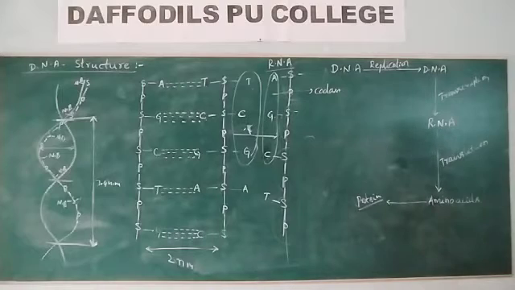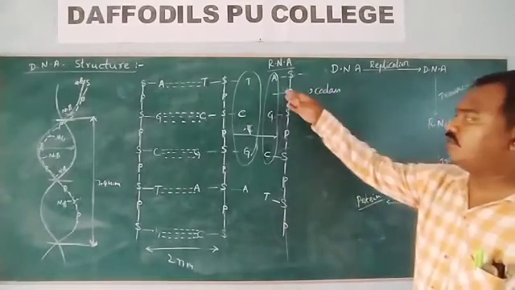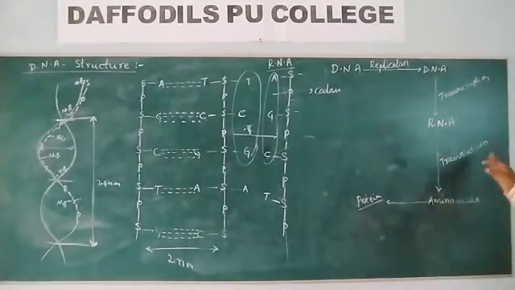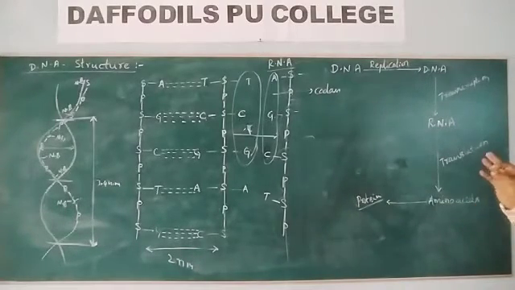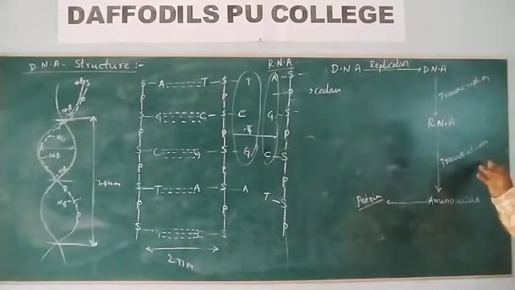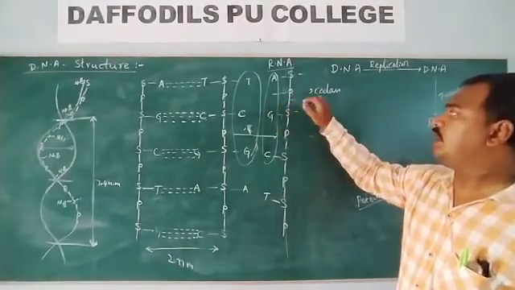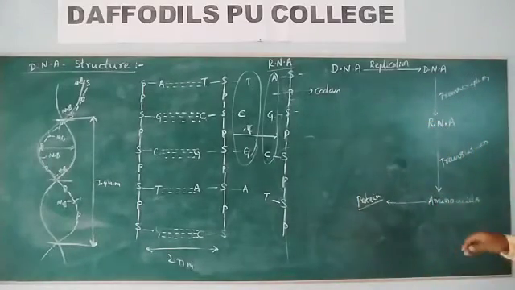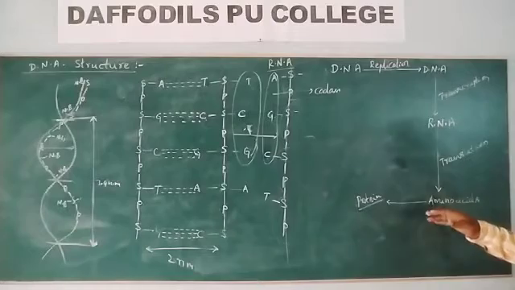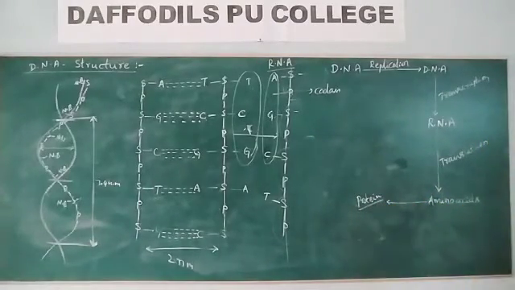After that, on the ribosome, this RNA information is translated into amino acid forms. During this translation, three nitrogen bases are taken together as a codon. Each codon represents an amino acid. These amino acids combine to form a protein chain.